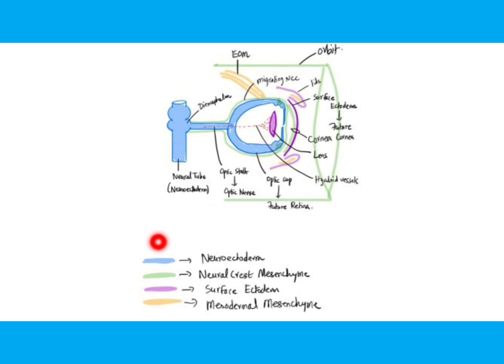Okay, and this green is the neural crest cell. So neural crest cells are actually responsible for making the corneal stroma and endothelium, sclera, trabecular meshwork, ciliary body, ciliary ganglion.